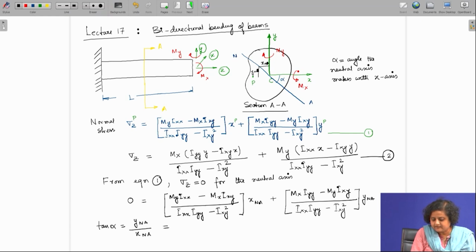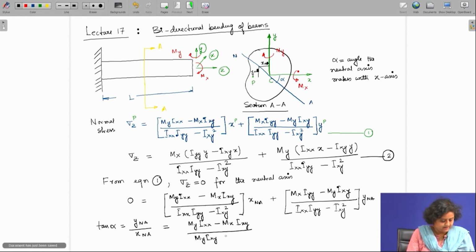From the above equation, if we find the ratio of y of neutral axis by x of neutral axis, we will get My Ixx minus Mx Ixy, divided by My Ixy minus Mx Iyy.